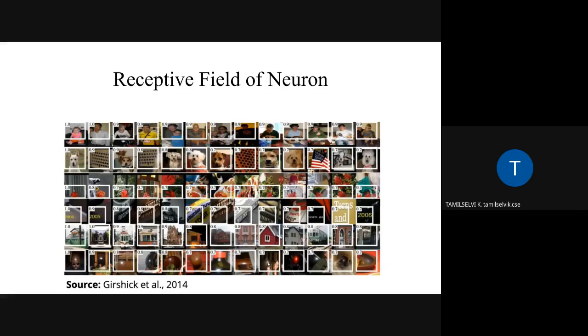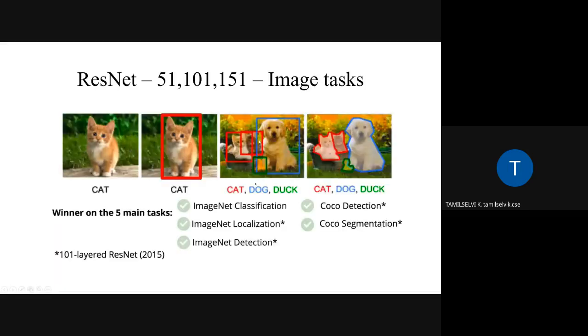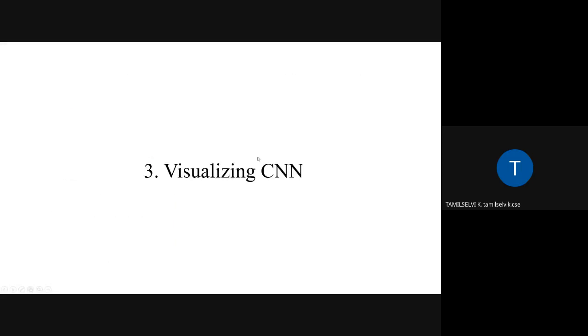For instance, they have given an ImageNet data set. In that ImageNet data set, they have identified that a particular neuron is responsible for identifying a particular thing. If you take this image detection task, you are given an image. In that, you have to find whether this is a dog, cat, or a duck, or other thing, right?